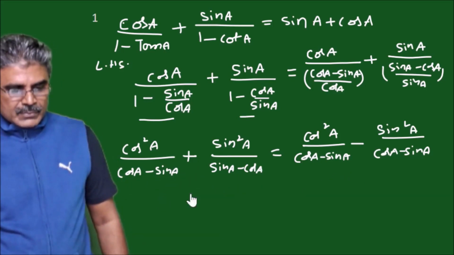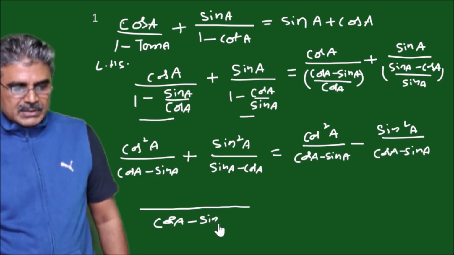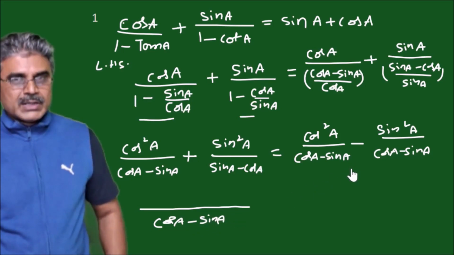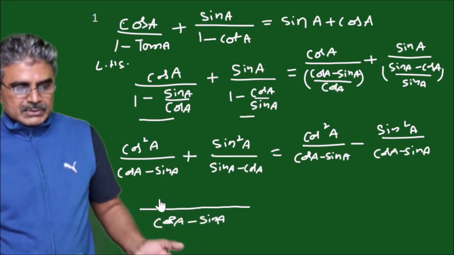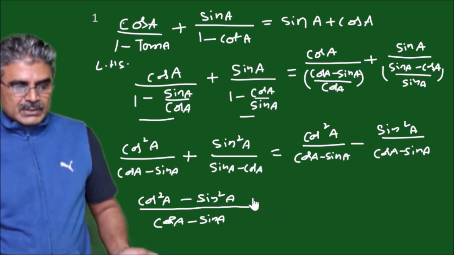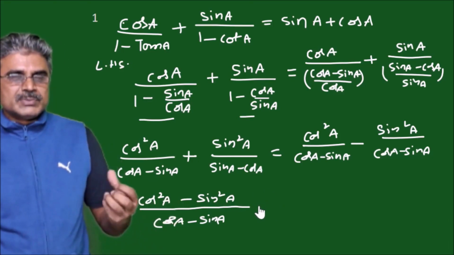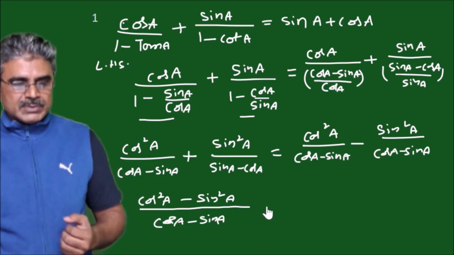So by taking LCM you have a common base, cos A minus sin A. Since both have the same denominator, the top expressions will be combined: cos square A minus sin square A. On top you have a square minus b square format, so I want to split it like a plus b into a minus b.